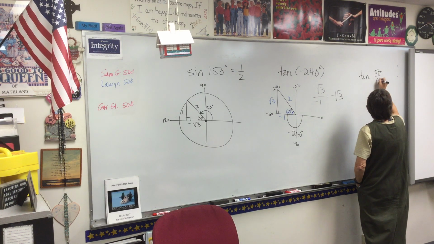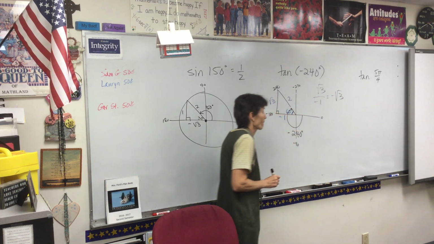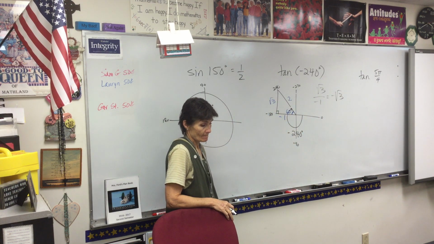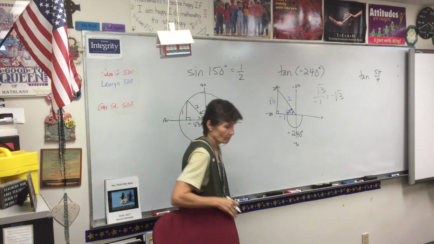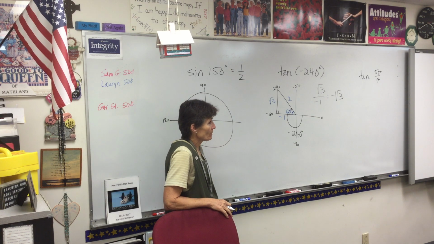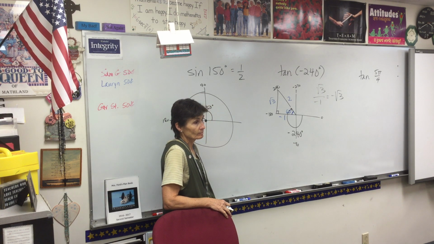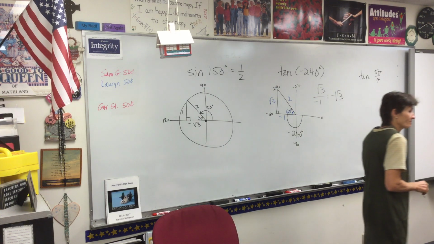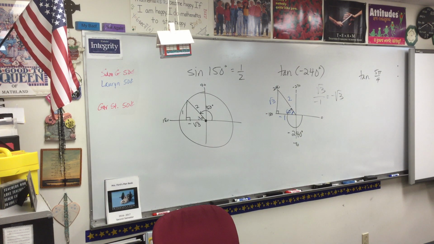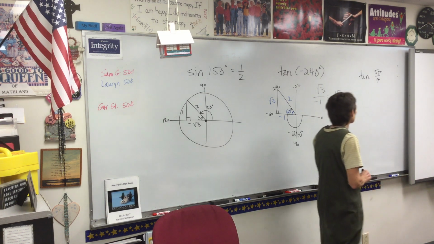Tangent 5 pi over 4. How many degrees is that?